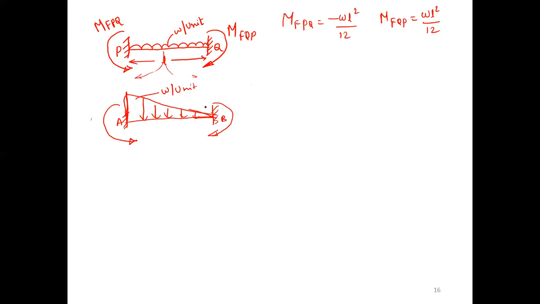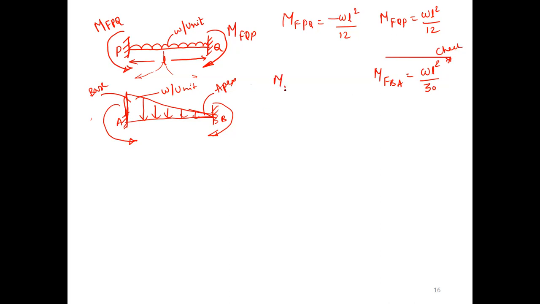Where? Here we have the apex. Sir, at the apex it is WL square by 30. This is the base. From the apex, what is MFBA? WL square by 30. Yes, sir. Check this.